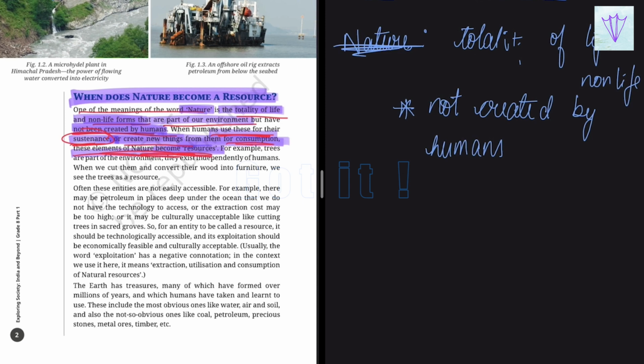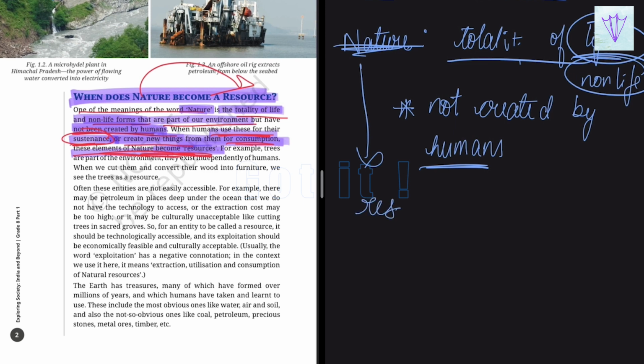So we are studying how nature becomes a resource. Nature is the totality of both biotic, that is living, and abiotic, that is non-living, things, and it is not created by humans. Nature becomes a resource when we utilize it for our living and also create new things out of it.